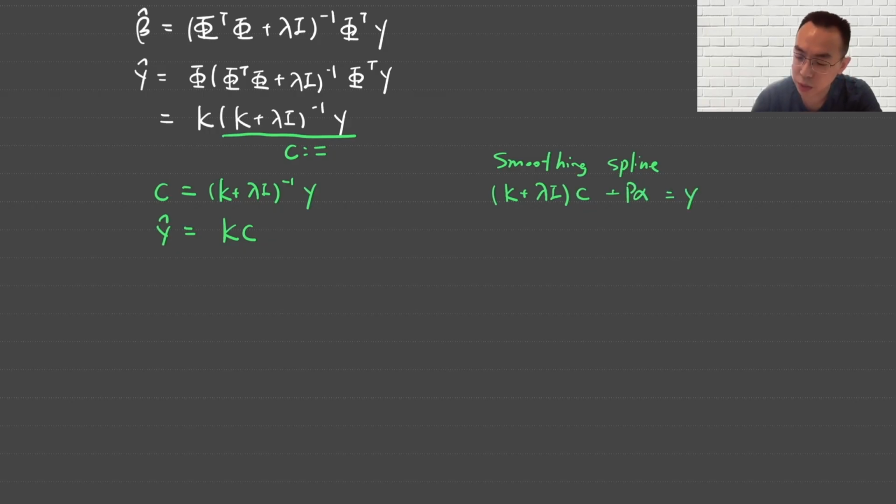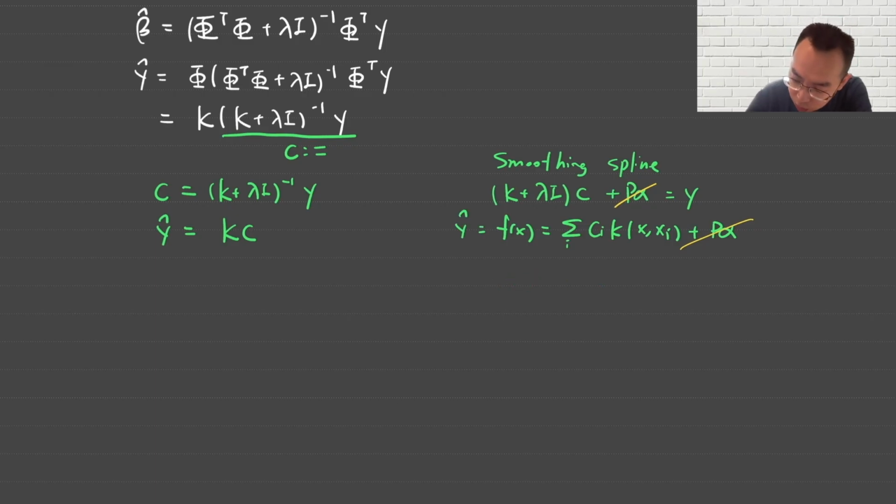If we ignore the P alpha, the polynomial term, this is exactly our kernel ridge regression. And then we also have f of x equals the summation of c_i k(x, x_i) plus P alpha. If we ignore the P alpha, this is exactly the same as our second formula here, this is our y hat.